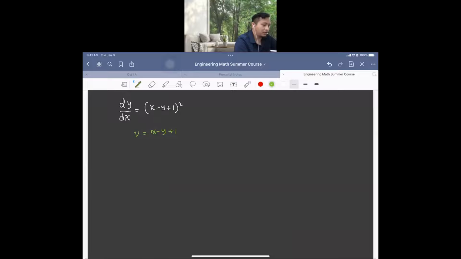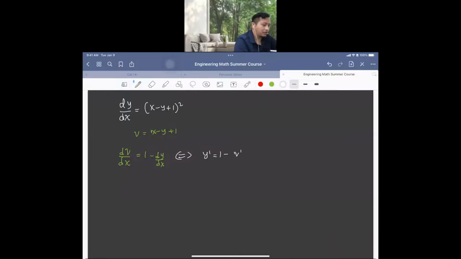If we differentiate with respect to x, we can take v prime or dv dx. This is 1 minus y prime or dy dx. Or if we write in terms of y prime, y prime is 1 minus v prime.